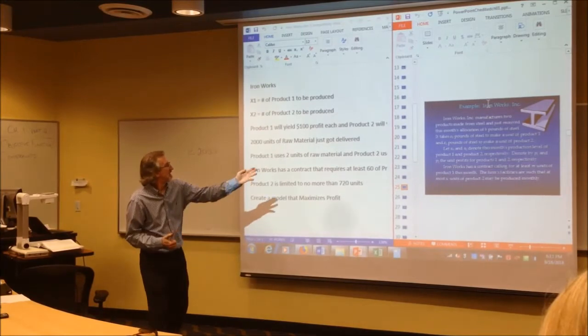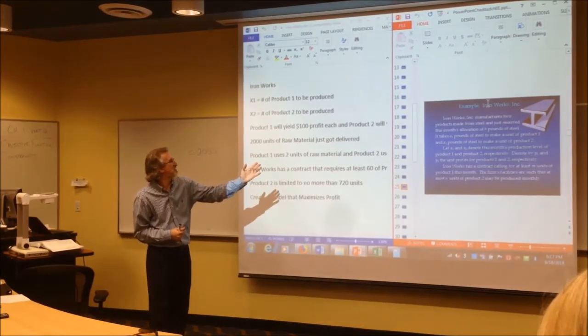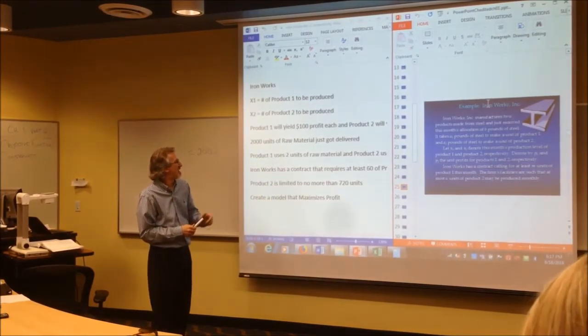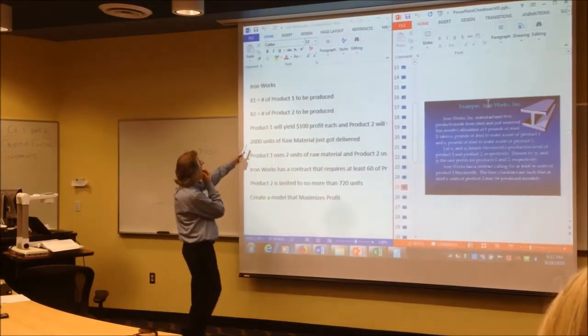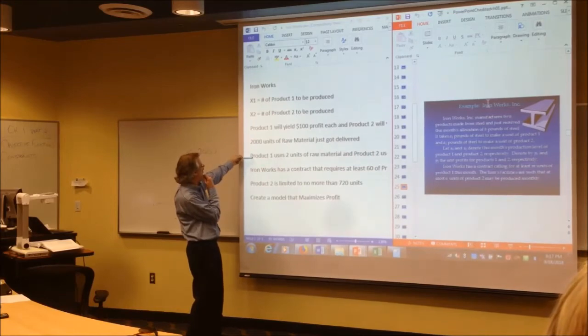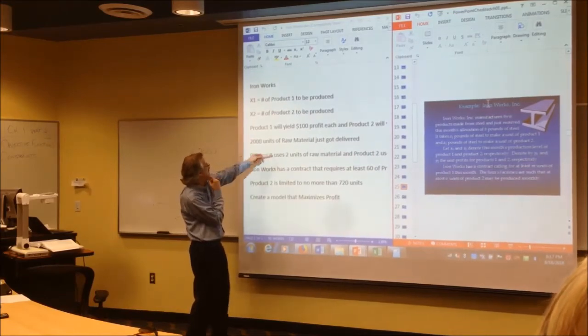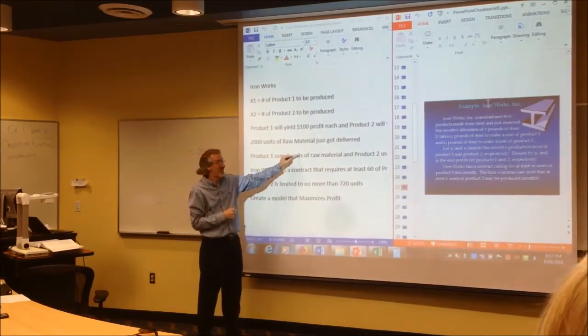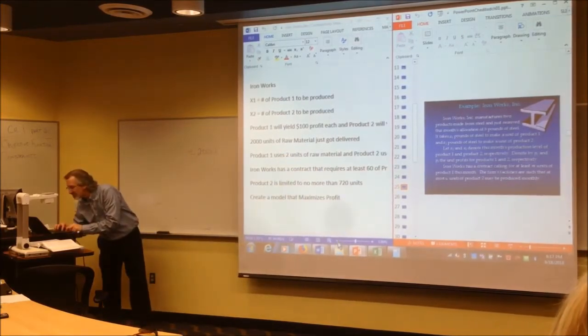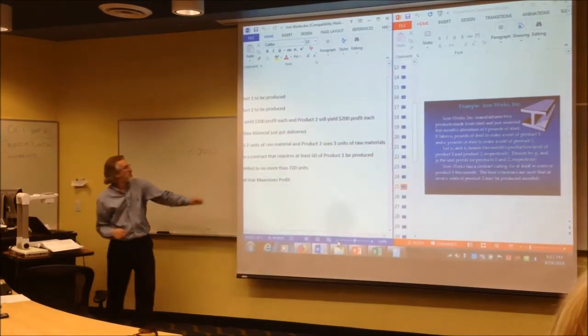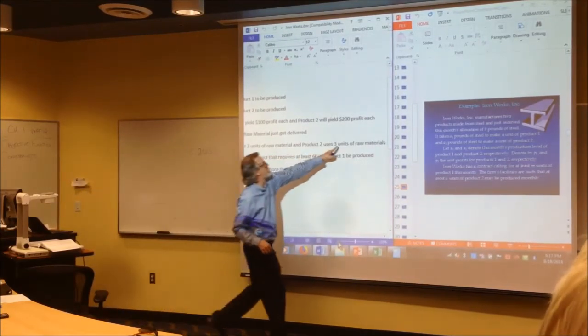Now it says, it takes blank pounds of steel to make product 1, and it takes blank pounds of steel to make product 2. So, where is that? Product 1 uses 2 units of steel, and product 2 uses 3 units.